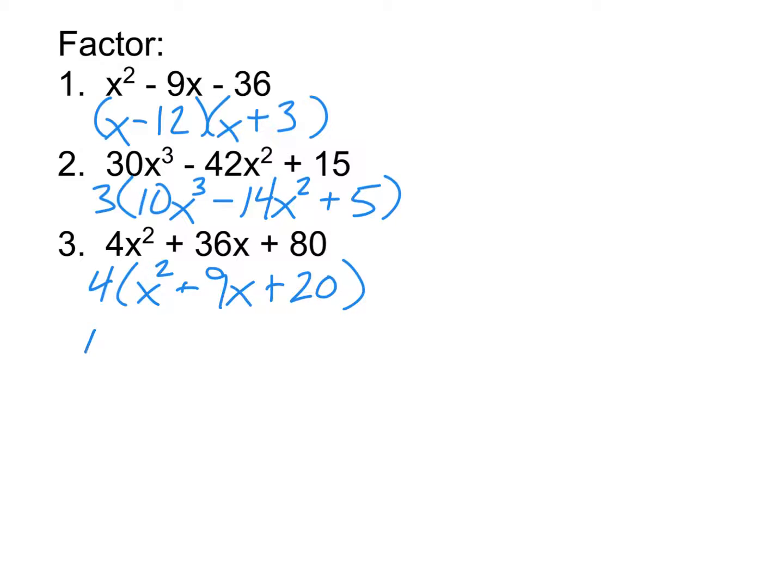So this is basically our newer part that you're getting down, and the big focus for today, where after I've factored out that common term from everything, in other words, divide everything by the same number, I'm going to factor the quadratic that gets left behind. And so what adds to 9 and multiplies to 20? 4 and 5. So we get 4 times x plus 4 times x plus 5. And then that is completely factored.